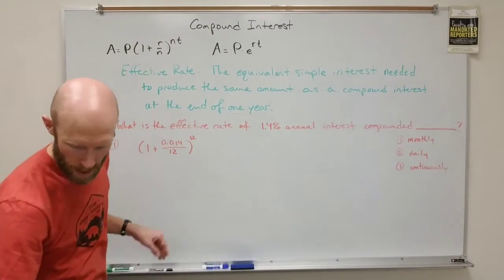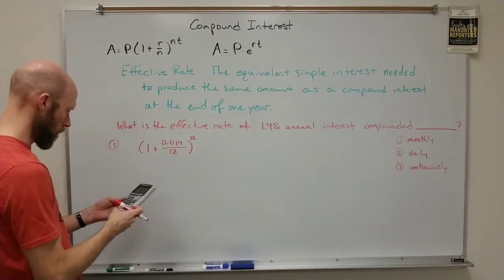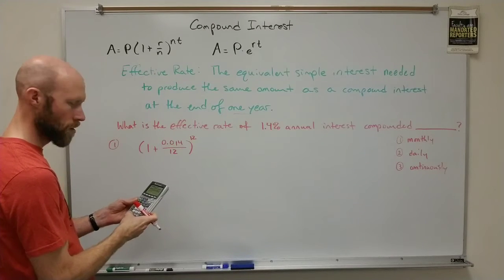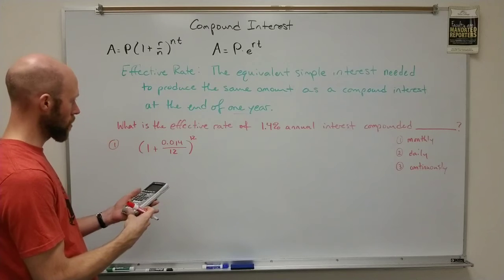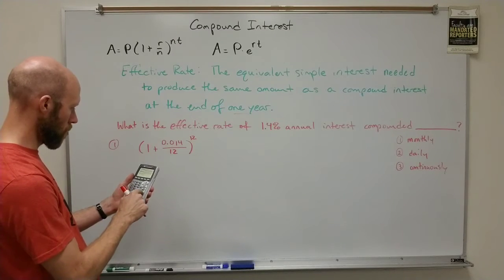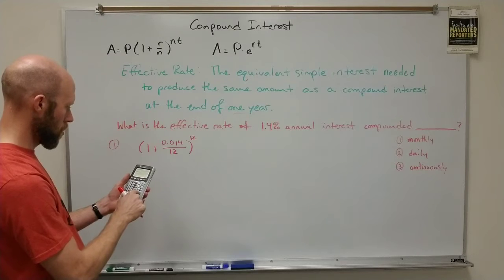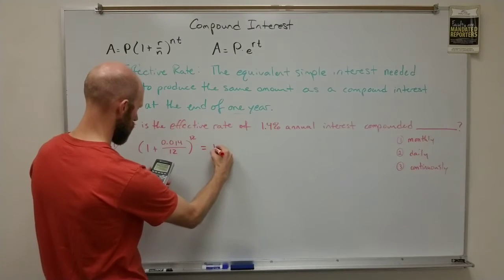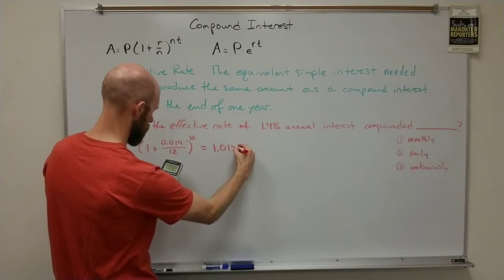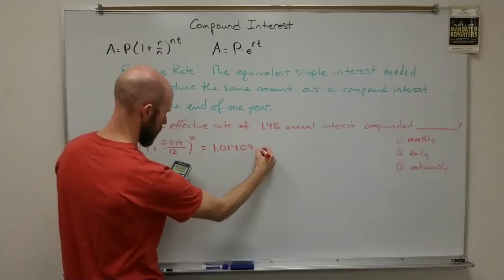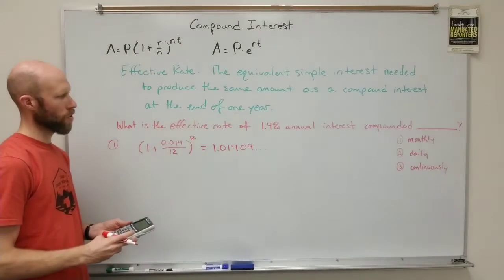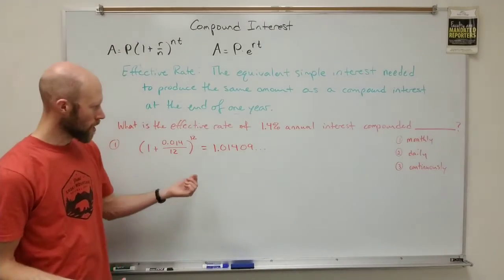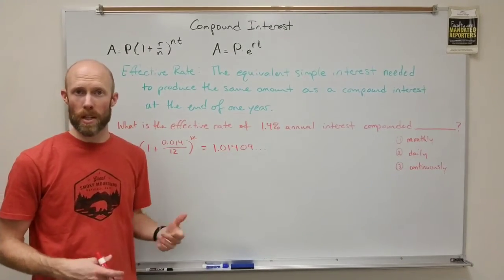So we make that calculation: parenthesis 1 plus 0.014 over 12, raised to the 12th power, and we get 1.01409. As an interest rate, you move the decimal 2 places over to get the percentage.